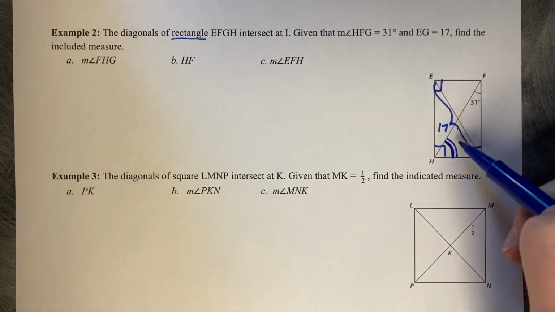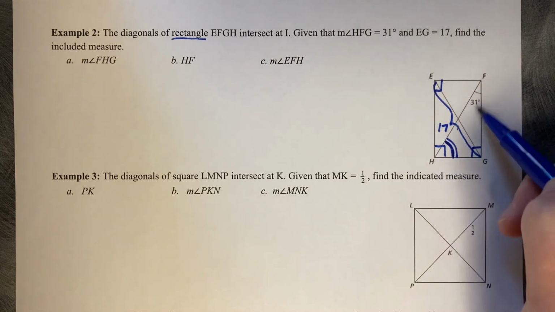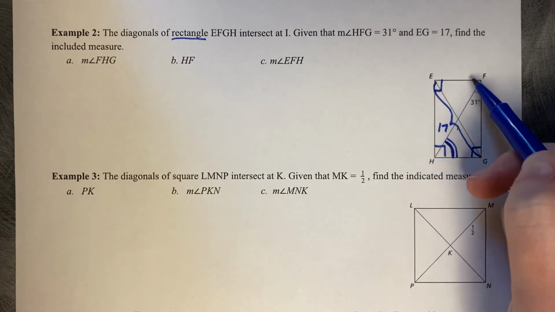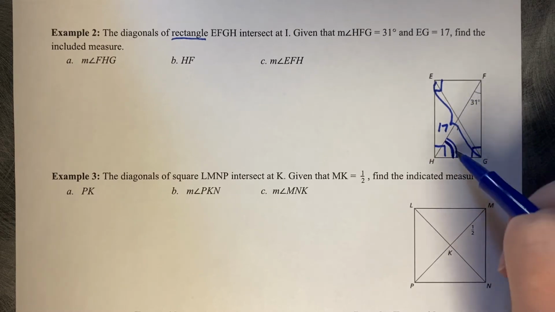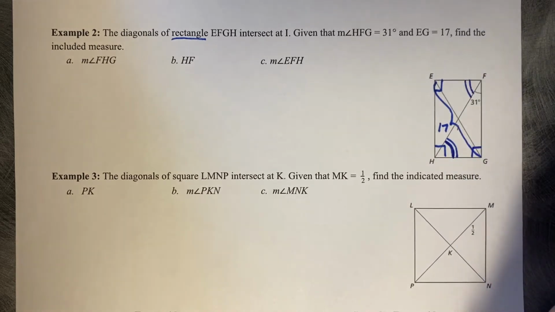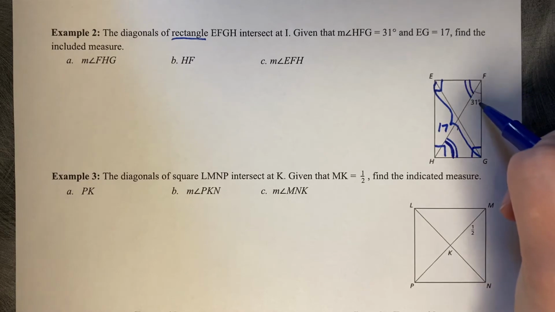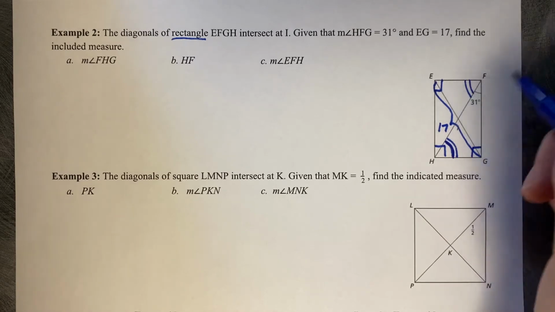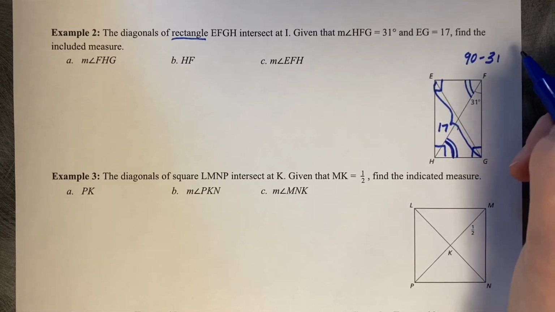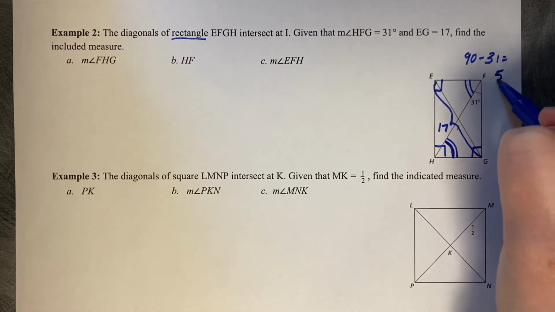Well, I know that it's not the same as 31 degrees. The 31 degrees would be the measure of the one that's next to it. Remember, alternate interior angles, so that's congruent to this angle measure right here. But this total corner angle measure is not known, but I do know that a chunk of 90 degrees is 31. So 90 minus 31 gives us 59.